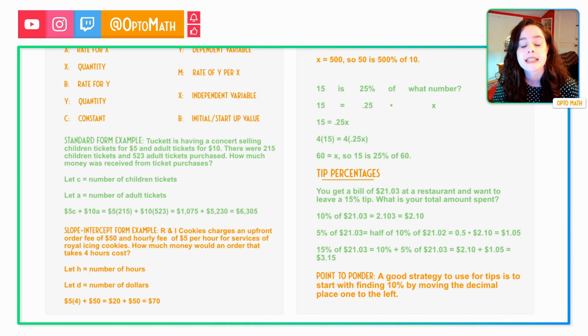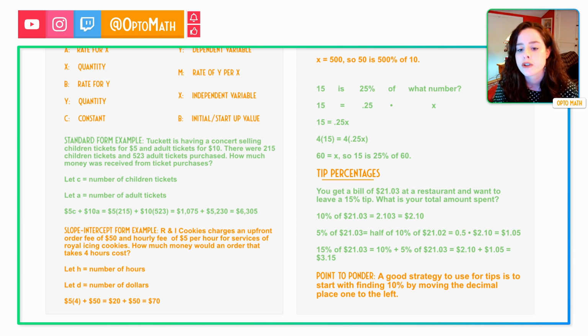Let's take a look at a standard form example. It'll make more sense what these ax, by, and c mean when we see an actual example. So it says, standard form example, Tuckett is having a concert selling children tickets for $5 and adult tickets for $10.